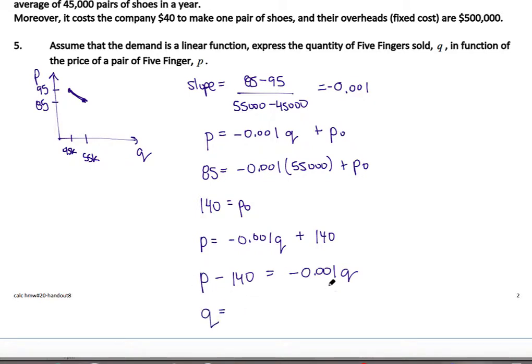If I have 1 over 0.001, this is going to be 1,000 times P, and then we're going to have minus 140,000.